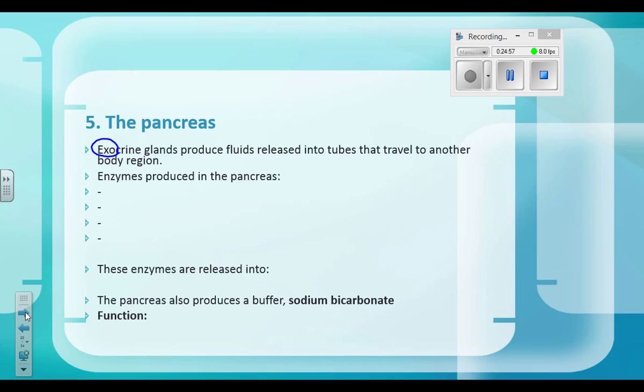Exocrine glands put things outside of blood vessels, somewhere else. They produce fluids, not anything to do with blood, released into tubes, not blood vessels, that travel to another body region.